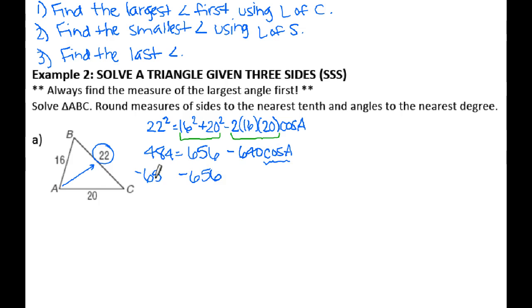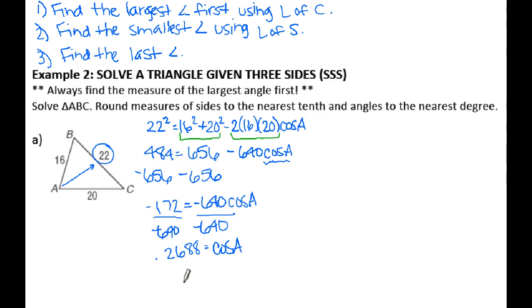I'm subtracting 656 from both sides, and that gives me negative 172 equals negative 640 cosine of A. Divide both sides by negative 640, and that gives me 0.2688 equals cosine of A. I'm going to do the inverse cosine of that, and that gives me about 74 degrees.